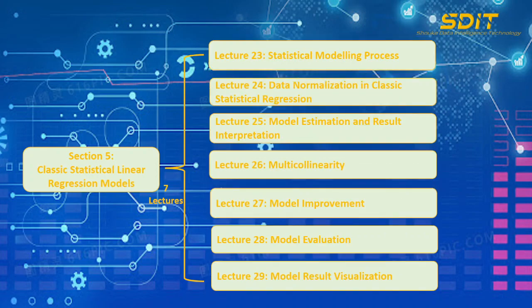In section 5, Classic statistical linear regression models, it includes 7 lectures. We will learn the classic statistical modeling process in lecture 23.